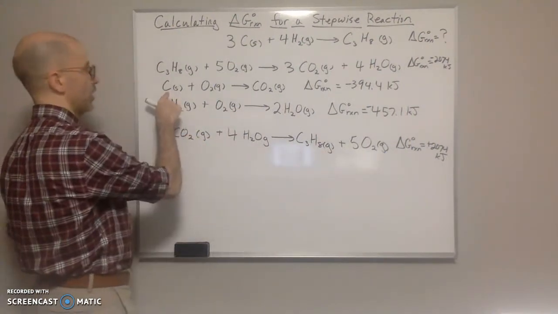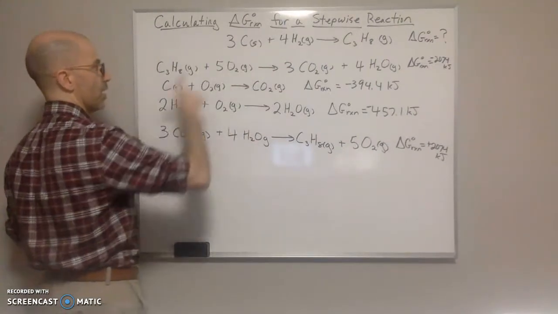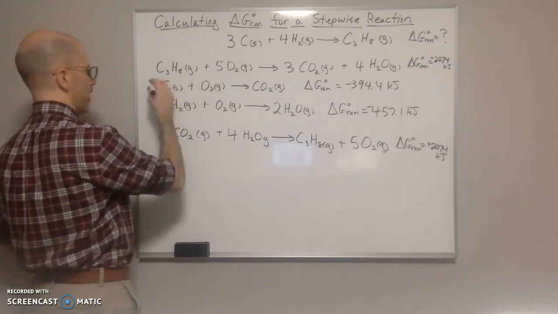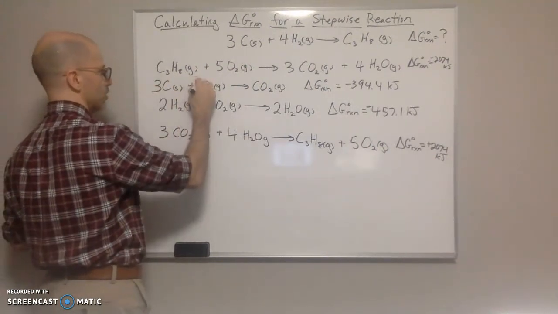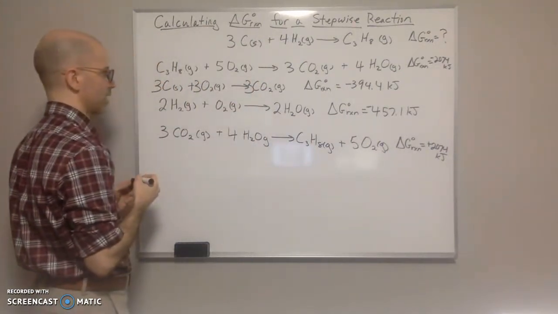Okay, so now we have our propane on the right side. Here we have carbon as a reactant, but we should have 3 carbons. So we're going to have to multiply everything by 3. So that will give us 3 carbons, 3 oxygens, and 3 carbon dioxides.